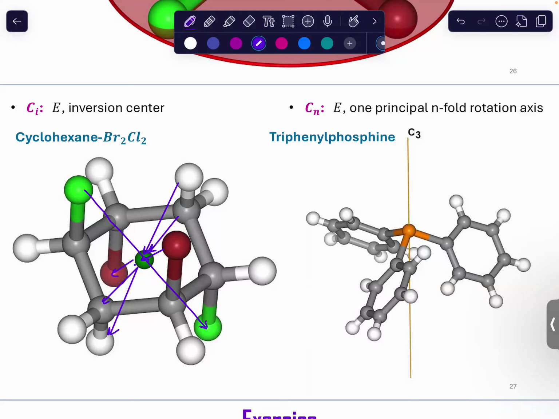I wanted to put this one on here so you can see why that's a C3, because the phenyls rotate into each other's positions. You get the exact same, indistinguishable representation. So this is a C3 group. Other Cn groups, you've seen C4s, C5s, C6s, C2s. So Cn is represented by a principal axis that represents the point group.